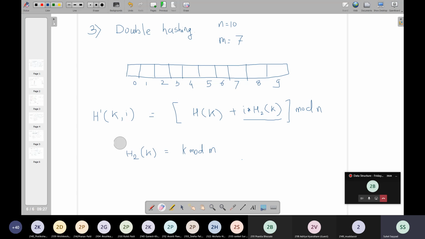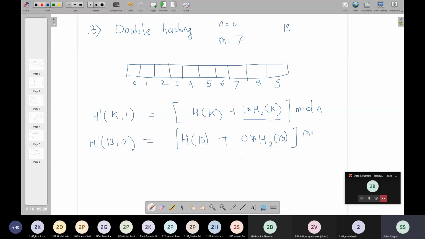Okay, so let us take some examples so that it will be more clear for us. If I take the value now as 13, how will it look? It will be h dash of 13 comma 0, which is h of 13 plus 0 multiplied by h2 of 13, mod 10.